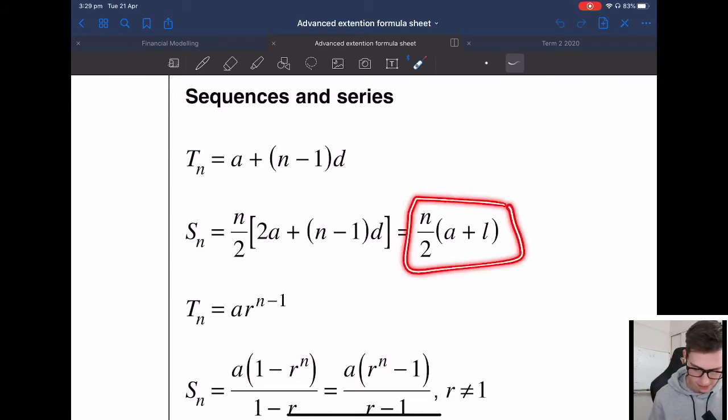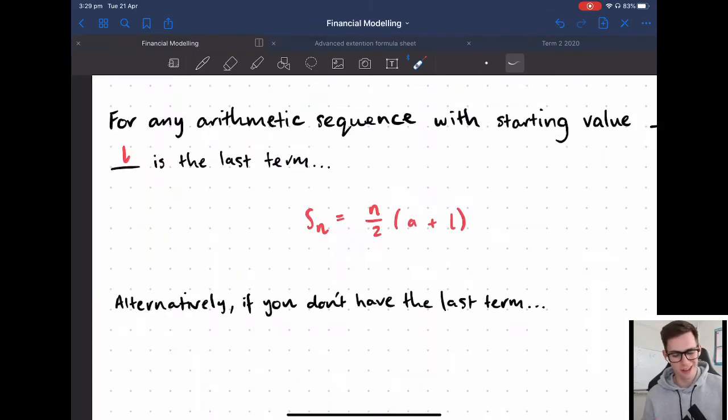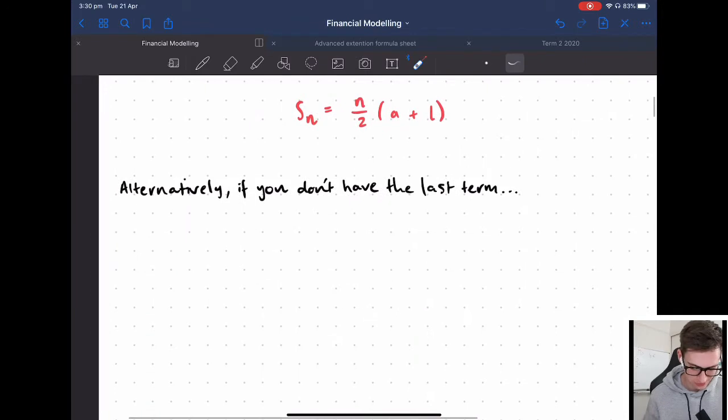We have that formula just here: the number of the term over 2, times the first and the last term added together. There's also a big scary formula just there as well, and I'm going to quickly show you what that is. Alternatively, if you don't have the last term, then we can use this one, which I've written here so I don't lose it.